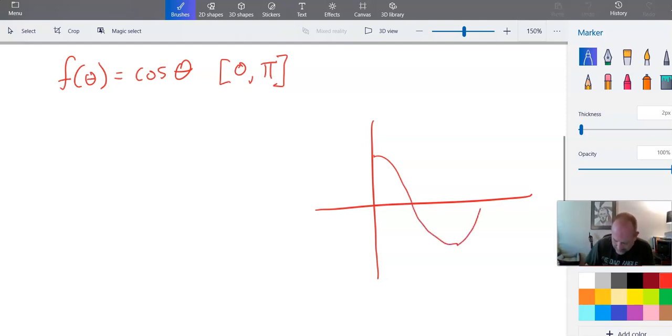Right? Cosine curve looks something like that. Sorry, it took so long to draw it. 0 would be here, pi is here. Right? So what we're looking for, if we want to map it out, here's 0. So the point I'm starting at is up here at 0. And then at pi, I'm right there. So we're looking for the slope of this line right here. Right? And that line will give us the average slope over that interval.